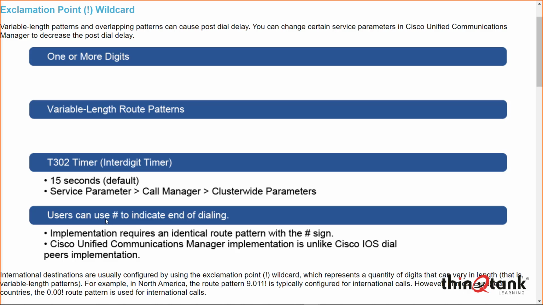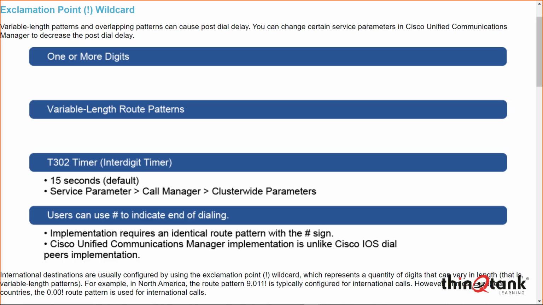Like I said, we can use the pound sign to indicate the end of dialing, and that pound sign is specifically reserved for that purpose within Call Manager. We understand the issue, right? The international dialing destinations have variable length patterns. All right, so in North America we use 011, for example, to do international dialing.